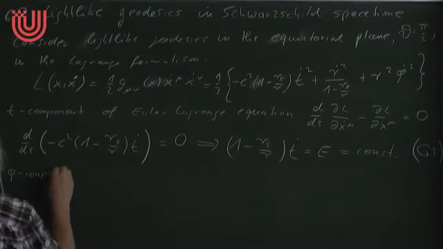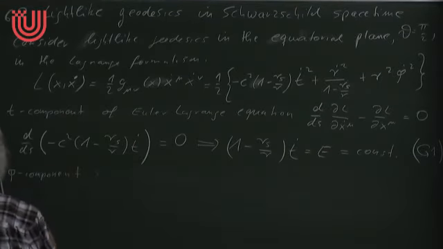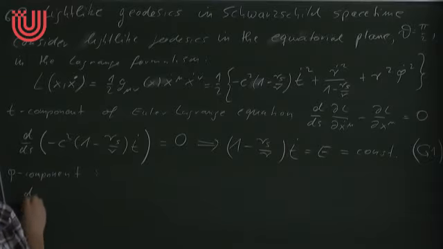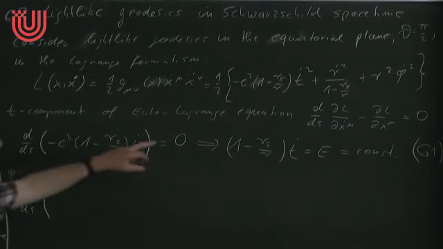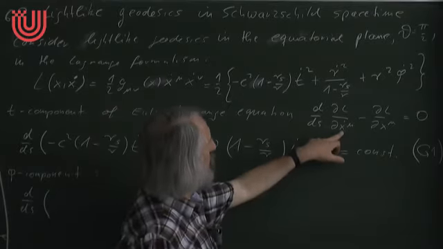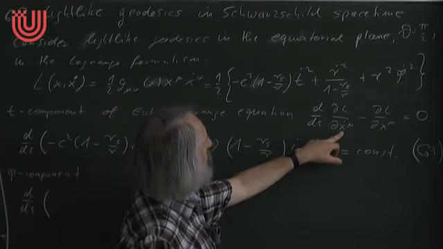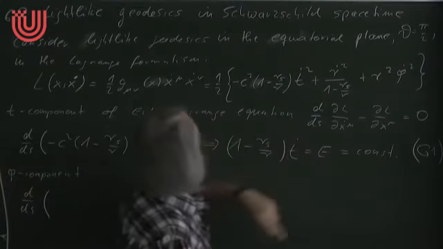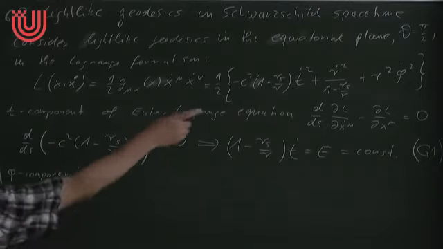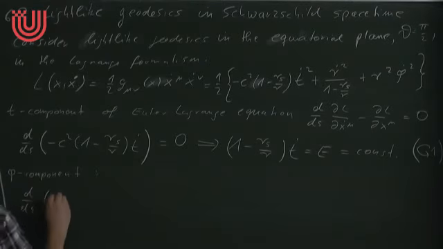Then we have to calculate the phi component. So this would be d/ds of, so I have to insert for x^μ phi. So I have to differentiate with respect to phi dot. This gives this last term. So then I get, again, the 2 kills the 1/2, and I have r squared phi dot.